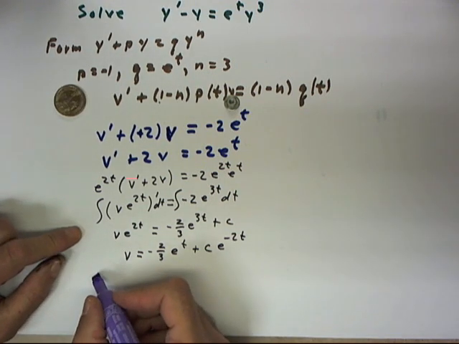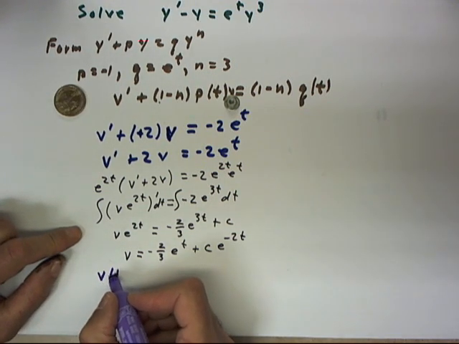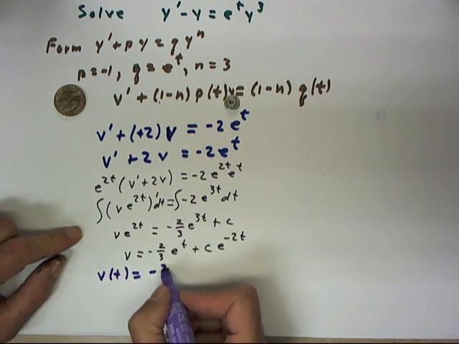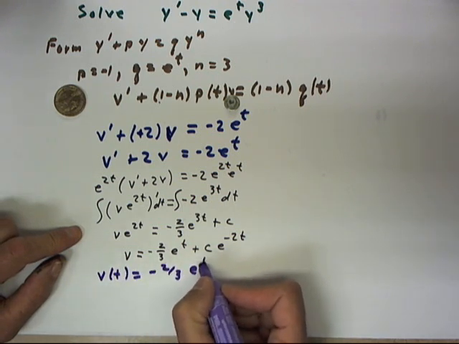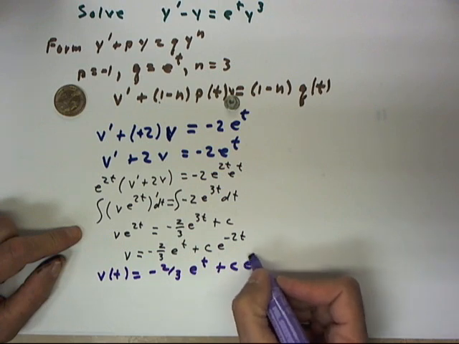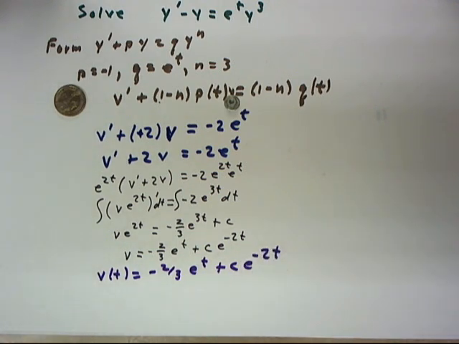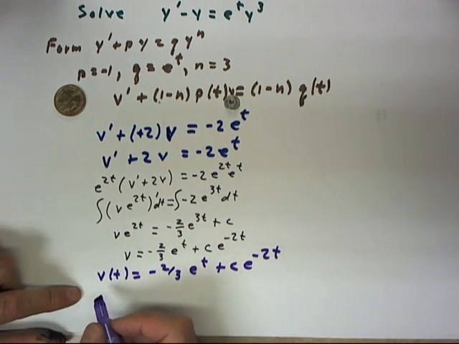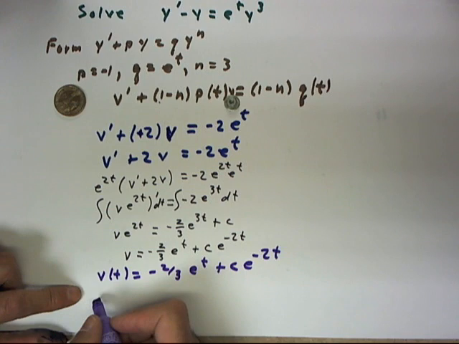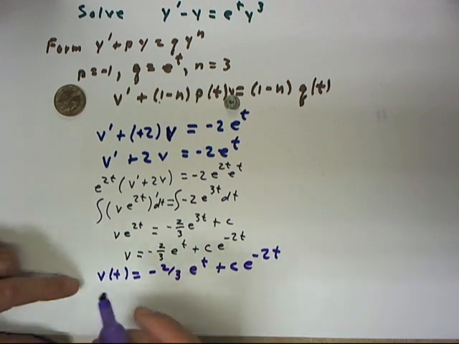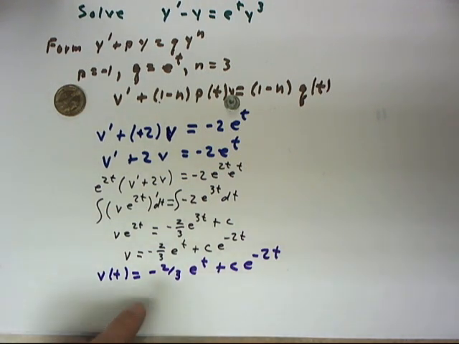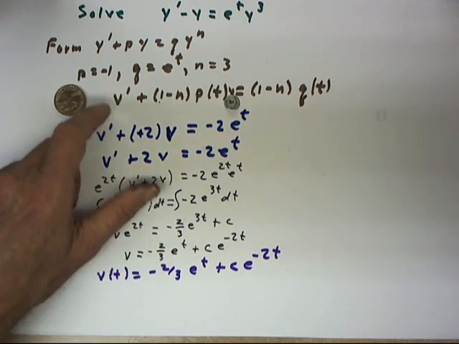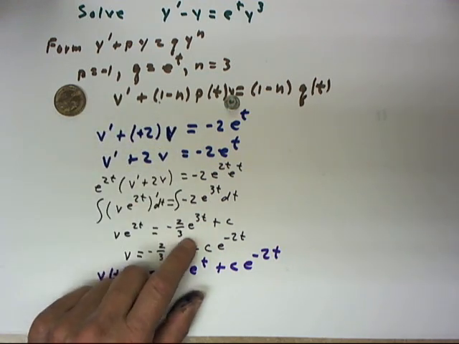Okay, now just to make sure we see this, v of t equals negative 2/3 e to the t plus c e to the negative 2t, and our substitution, well, the original substitution was v equals y to the m.